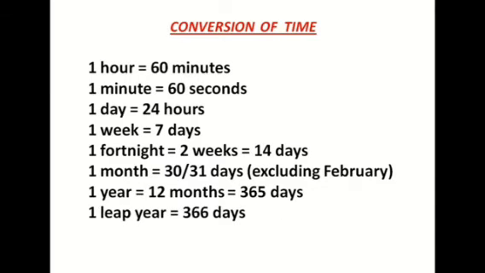When it is a leap year, we will get 366 days. So after every 4 years, February has 29 days and that year we call a leap year. Yes. So here are the few conversions we need while doing sums with time.